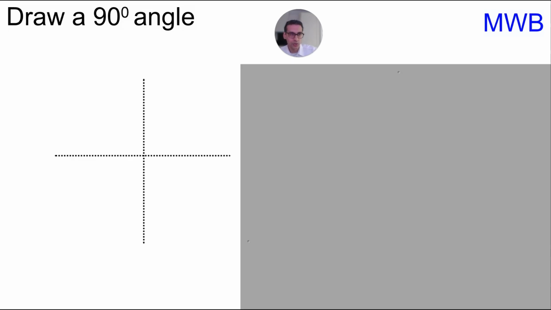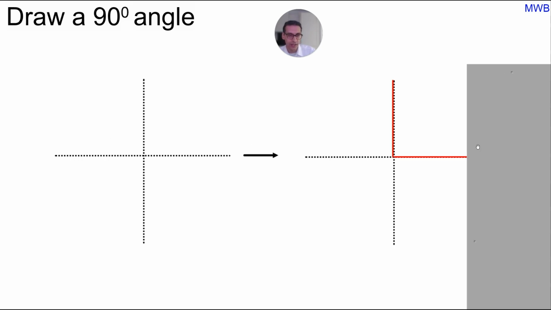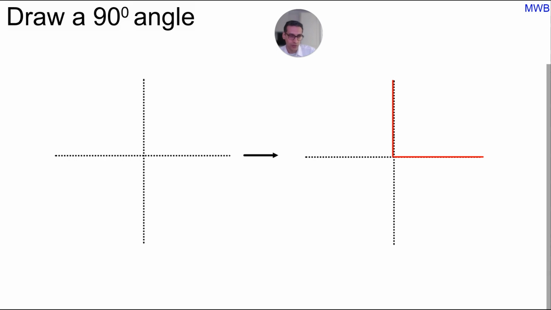Okay, so we're going to be drawing angles now, just sketching them out. You would not generally be given squared paper if this was an exam. Constructions is something that you will look at later, but for now, you're allowed to use squared paper. What I want you to do is just draw two lines that cross over, just like this, and then there's your right angle.